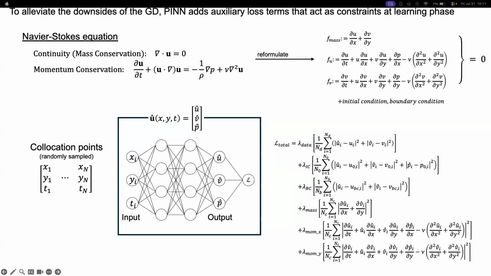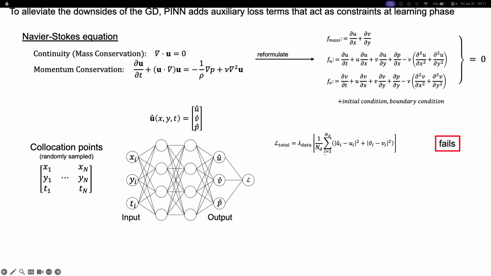Can you show the previous loss? Yeah. This data term measures how much the final outputs deviate from the true values. Is the left-hand side of the Navier-Stokes equation better than the right side too?